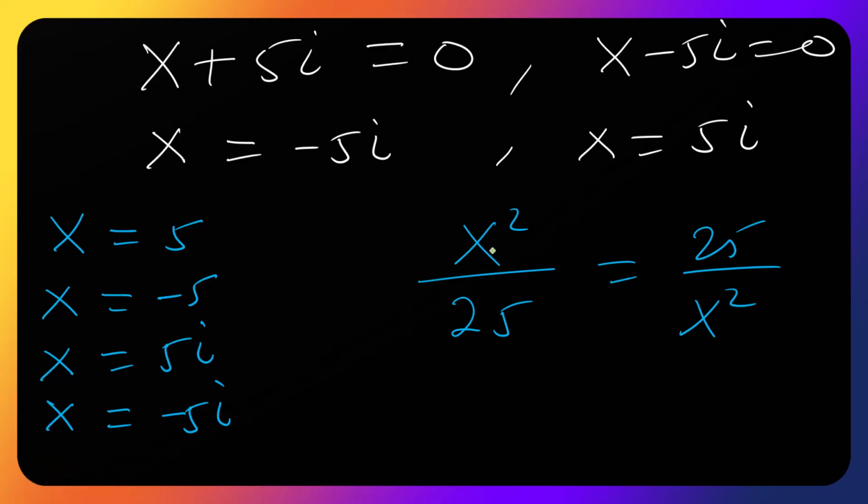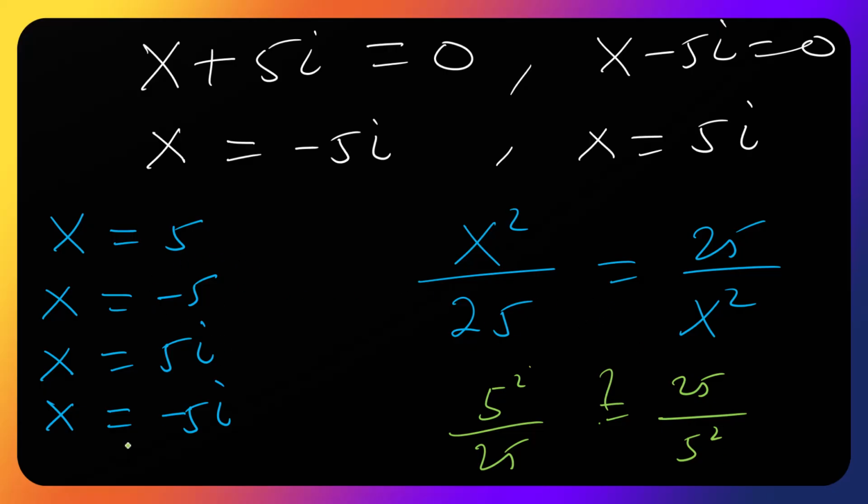Now when x is 5, that will be 5 squared, 5 squared is 25 over 25, equals 25 over 5 squared. So we have 25 over 25, 1 equals 1.